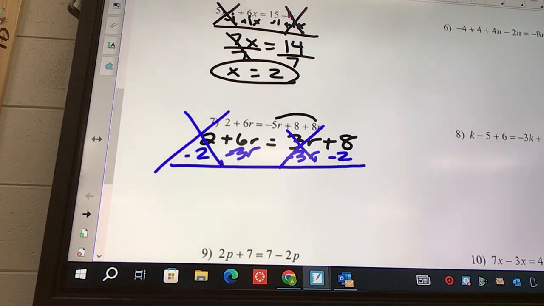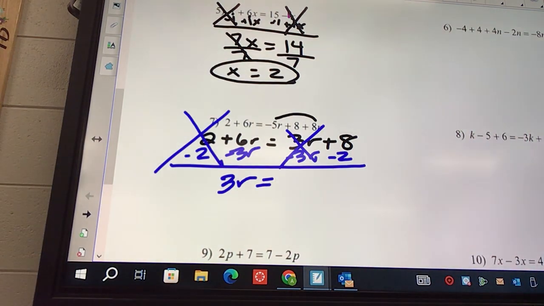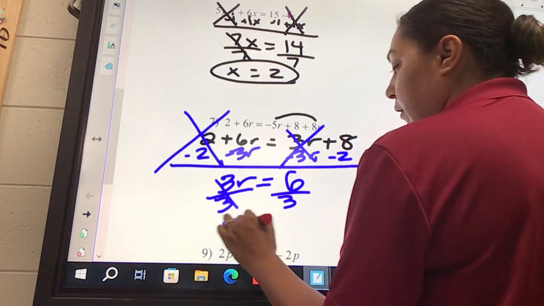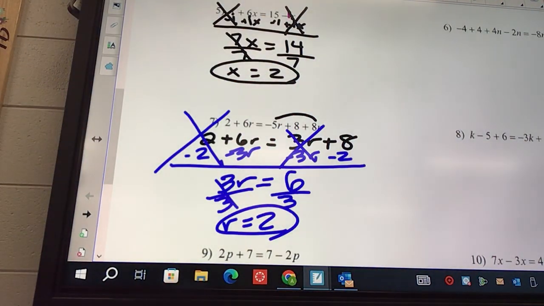Okay, well, what is 6 minus 3? 3, so we're going to get 3r equals 8 minus 2. 6. And our last step is to do what? Divide by 3. So you're going to get r equals 2.